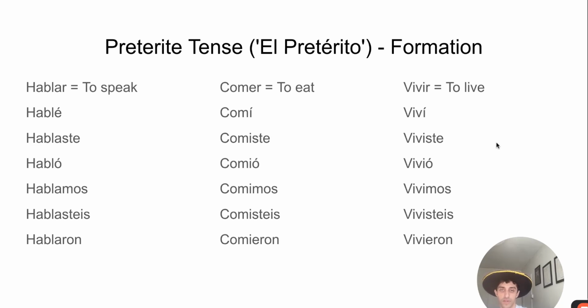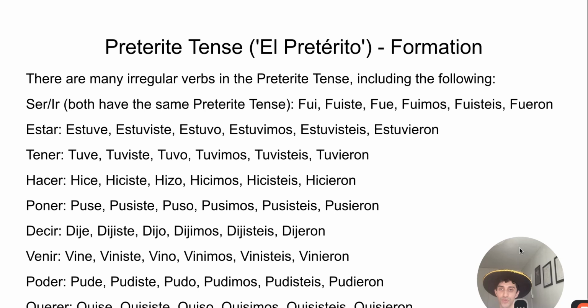Okay. Now let's move on to irregular verbs in the preterite tense. The unfortunate thing is that there are quite a few of these in Spanish. There are plenty of irregulars in the preterite tense. I think the preterite tense and perhaps the present tense have the largest number of irregular forms in Spanish.